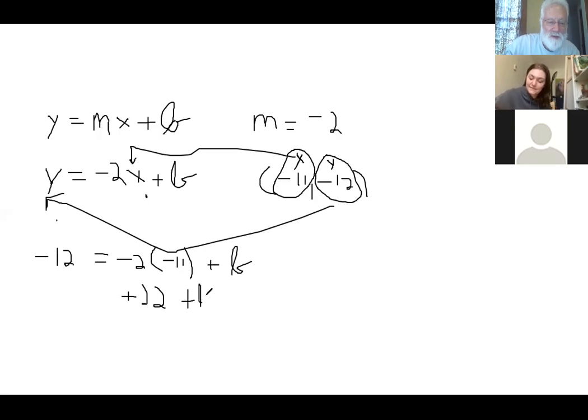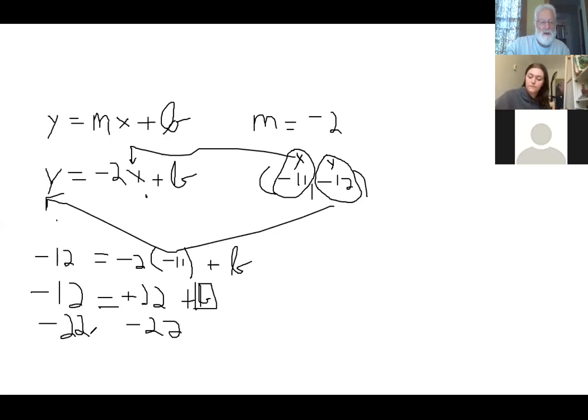Okay, so I'll do the arithmetic there. It's -2 times -11, and that's supposed to be an equal sign. Then I have to subtract 22 from each side. If I want to solve for b, I have to get rid of everything else on that side. So I get -22 plus -12, that's going to be -32.